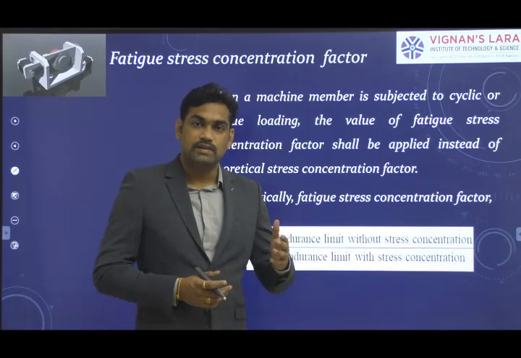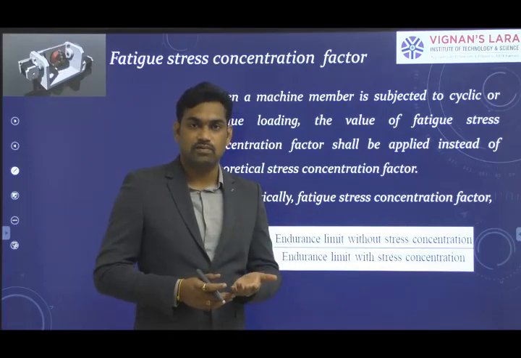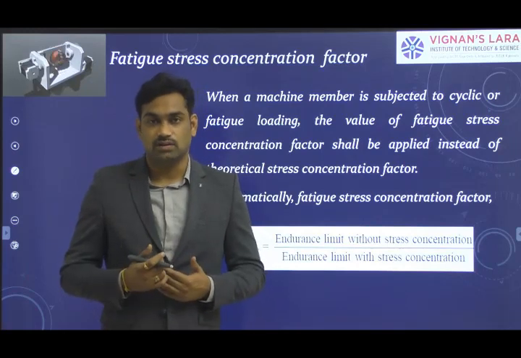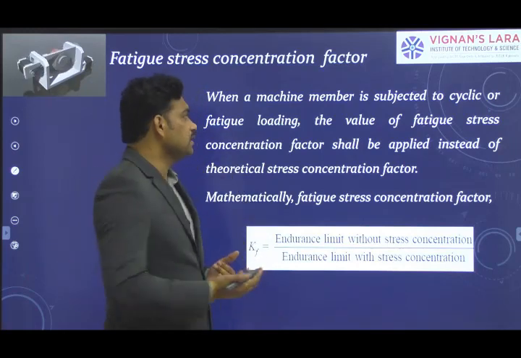So here, when the machine component is subject to fatigue type of loading, we can use a fatigue stress concentration factor instead of the theoretical stress concentration factor, and that is denoted by Kf.